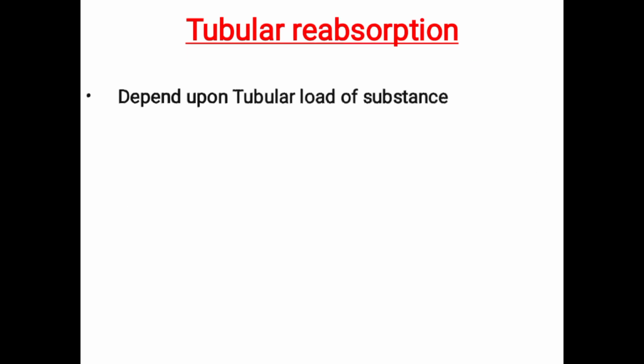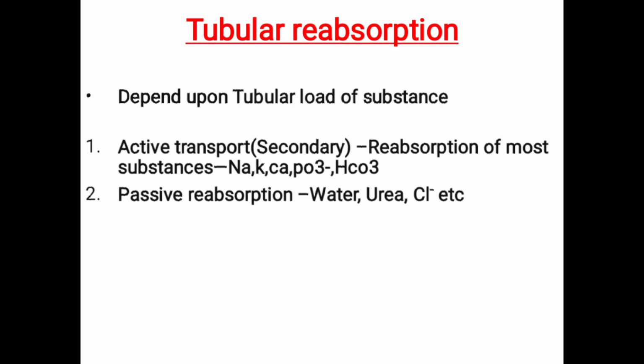So next, coming to the tubular reabsorption. Tubular reabsorption mainly depends on the tubular load of the substance. Tubular load means how much amount of substance is present. In that, reabsorption takes place by some mechanisms. One is active transport and passive transport.